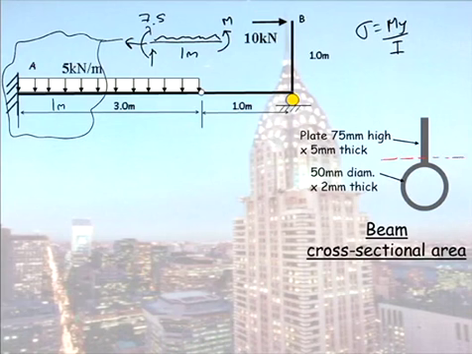For now, I'll assume my neutral axis sits within the plate. Okay, I'm going to calculate Y from the bottom.